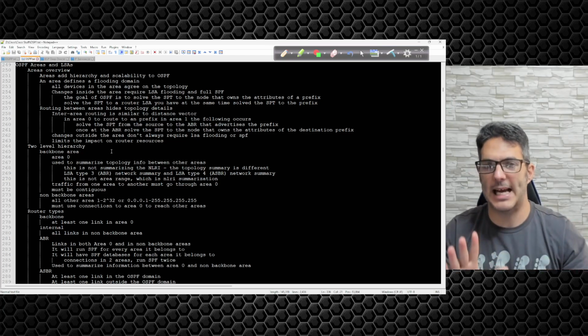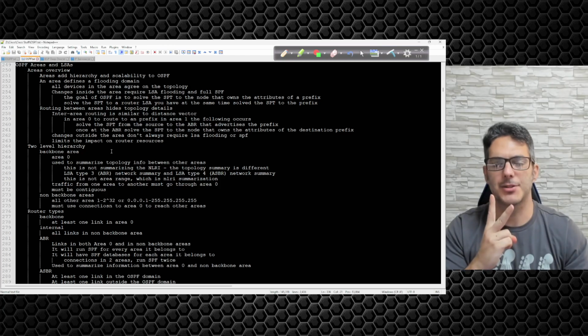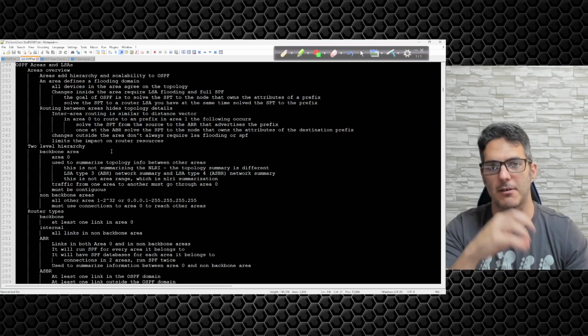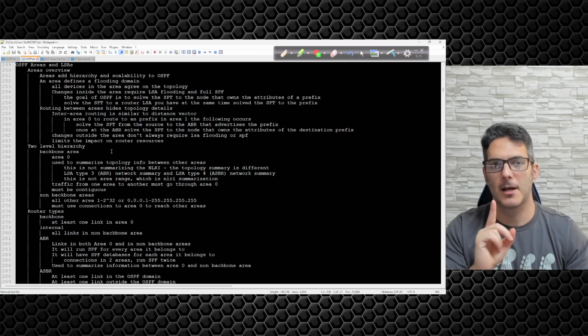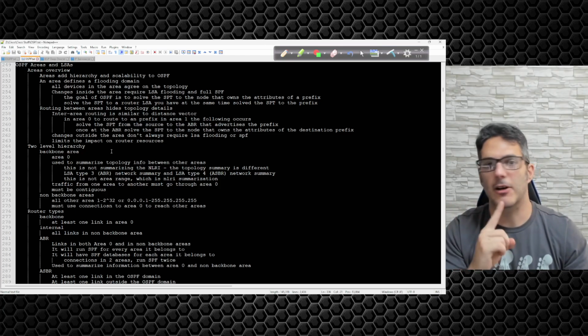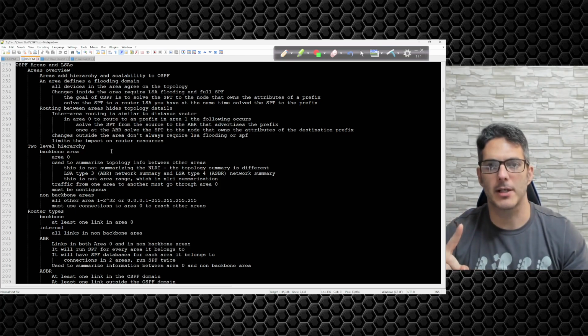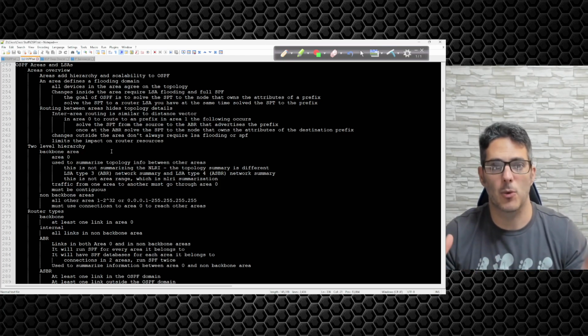Here's a big caveat. Type 1 and type 2 LSAs never leave the area they live in. They're not allowed to. So it's an area-specific LSA. Now, you're going to have type 1 and type 2 LSAs in every area of every OSPF network you ever work in. That's how the protocol works.